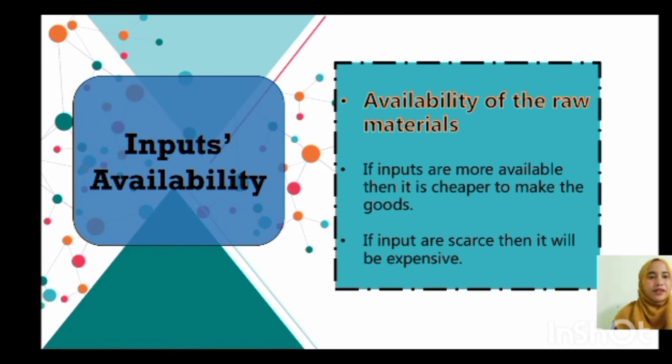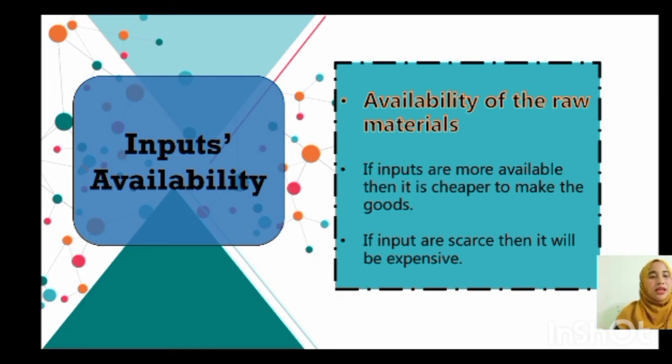No? And if the inputs are scarce or konti lang ang nahahanap na raw materials in making that goods or that medicine, for example, then that medicine will be expensive. No? So, nagmamatter pala yung non-price factors doon sa ating own price. Kung mag-matter yung own price, then magmamatter din siya doon sa ating quantity supply.